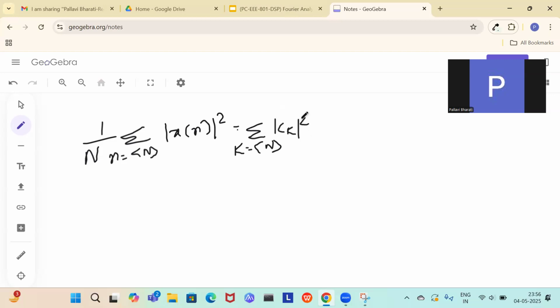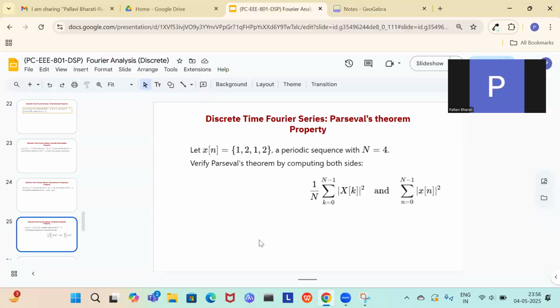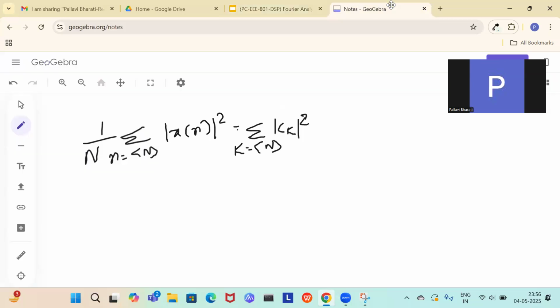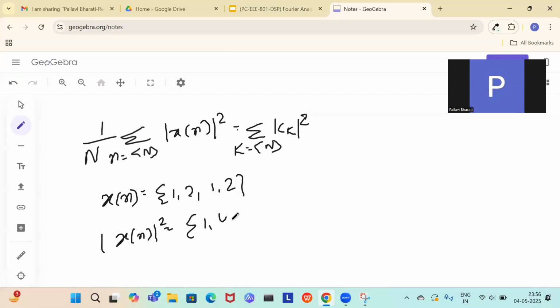In this question, you have to verify Parseval's theorem by computing both sides. x[n] is given to us as 1, 2, 1, 2. If you find this side, x[n] squared will be 1, 4, 1, 4.